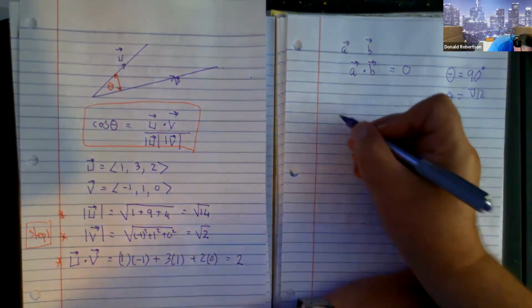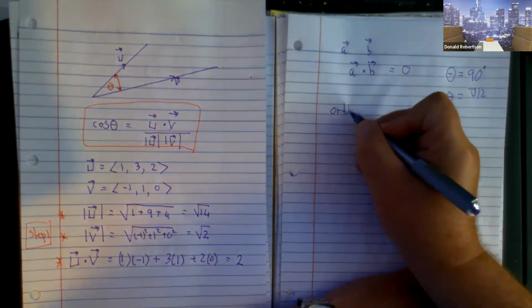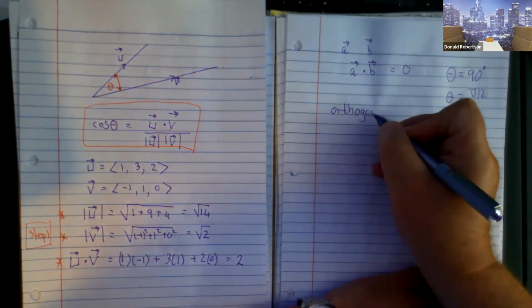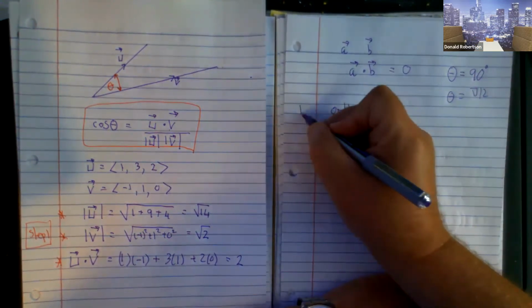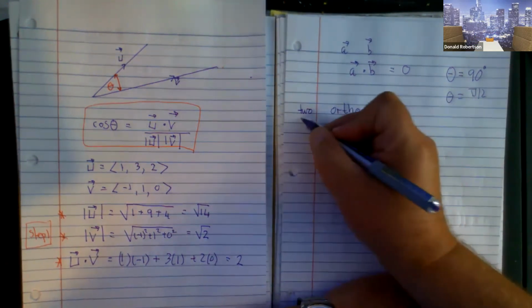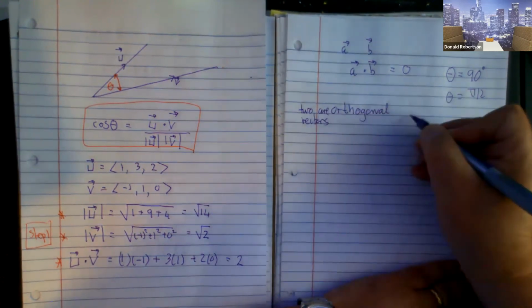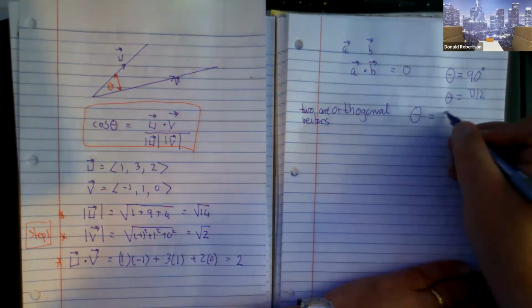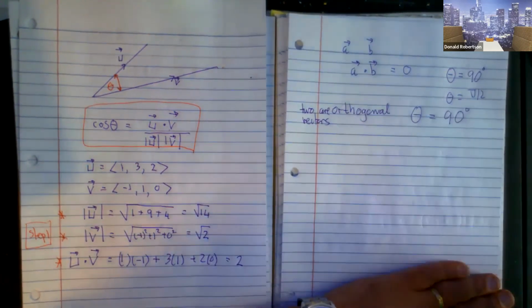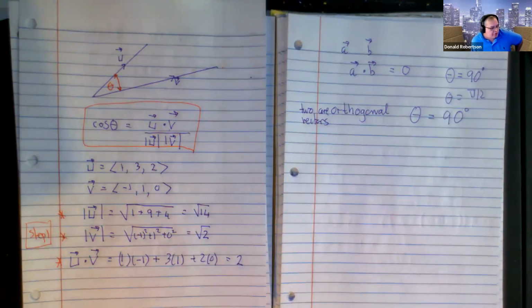You will see a word that you might have met before. If two vectors are orthogonal, it just means that the angle between them is 90 degrees.